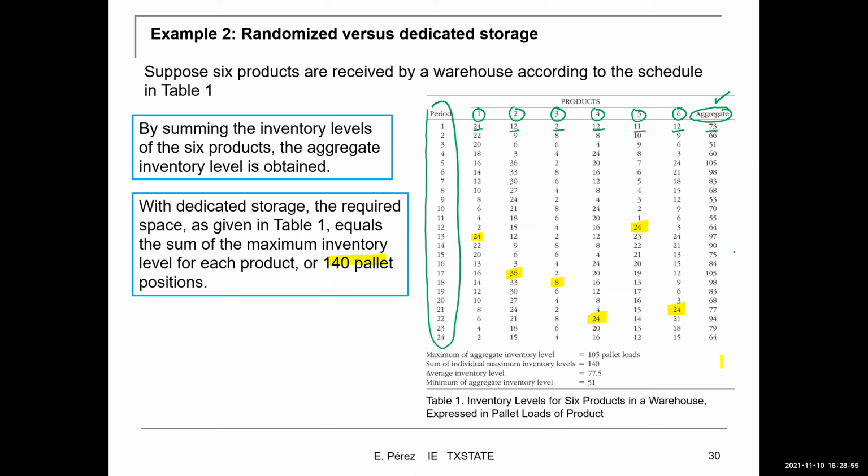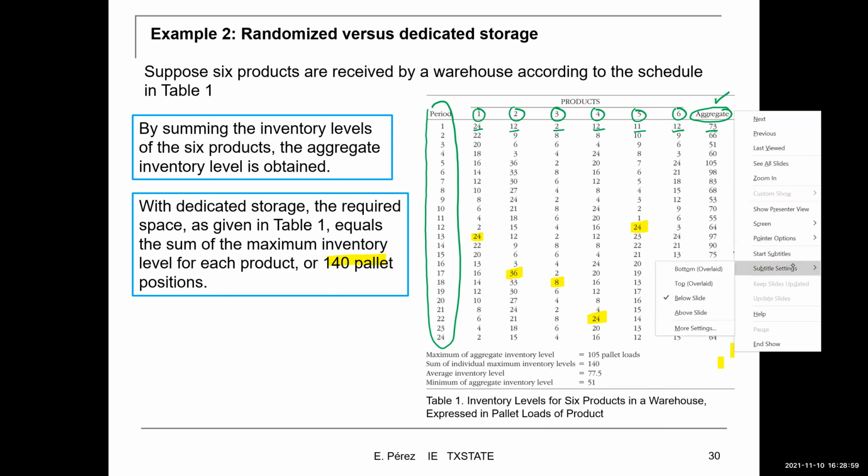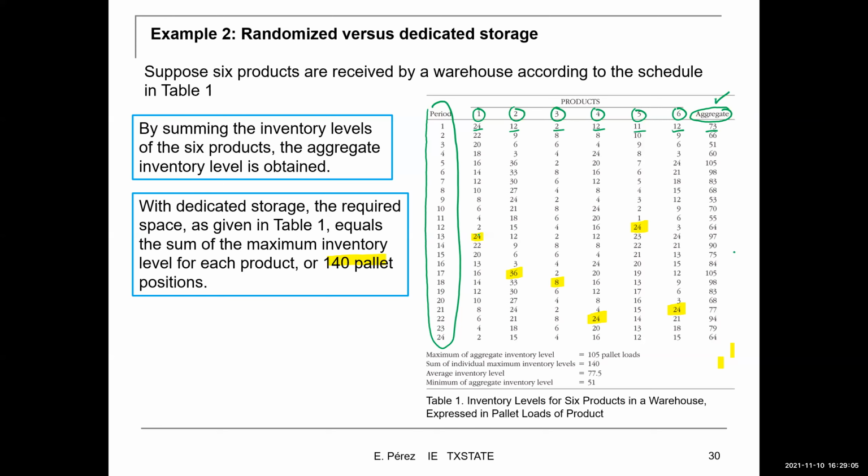So let me write that down. We look for the maximum. So that will be 24, 36, 8, 24, 24, 24. And I know in some cases those numbers are repeated. That's fine. You just want to find the maximum.